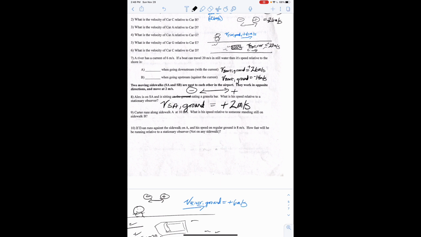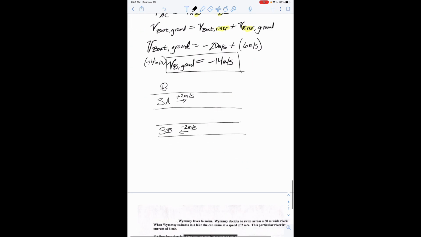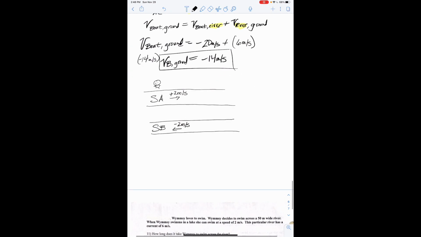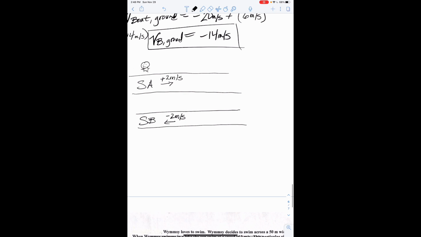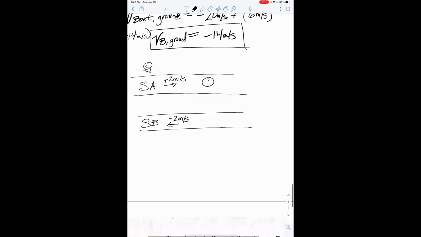So if we're the observer standing on the ground, and we see Carter running on sidewalk A, the velocity of Carter relative to sidewalk A is going to equal 10 meters per second.